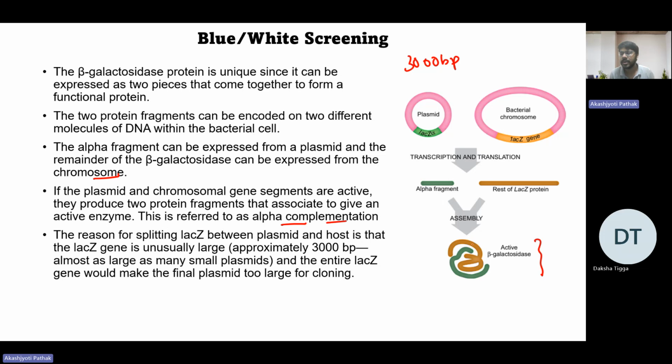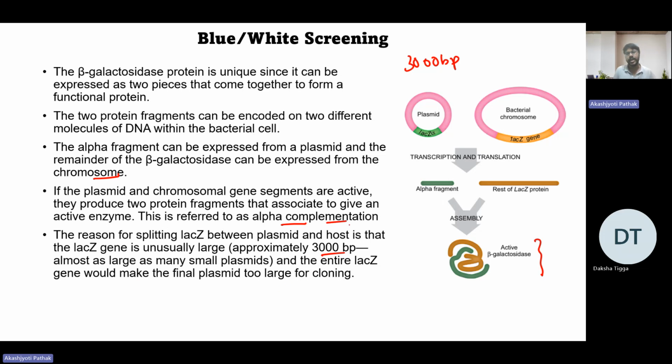So when will the active beta galactosidase be formed? It will only be formed when this alpha fragment comes together with the rest of the lacZ protein. The reason for splitting lacZ between plasmid and host is that the lacZ gene is unusually large. It is 3000 base pairs, and the normal plasmids or vectors that we use cannot take up such a large insert, so the entire lacZ gene would make the final plasmid too large for cloning.